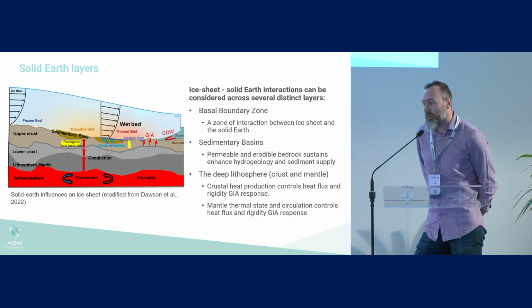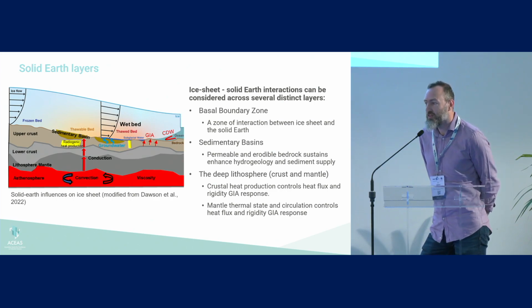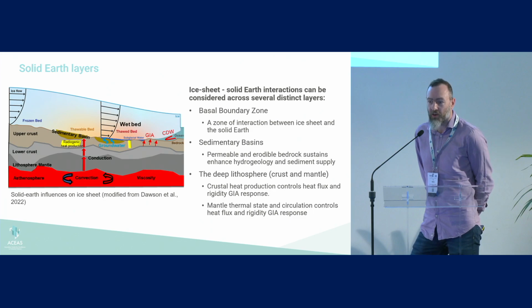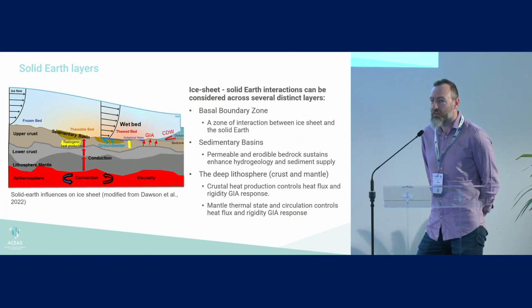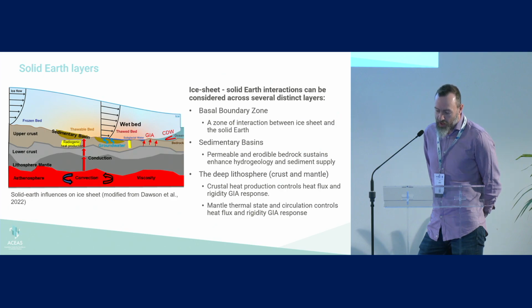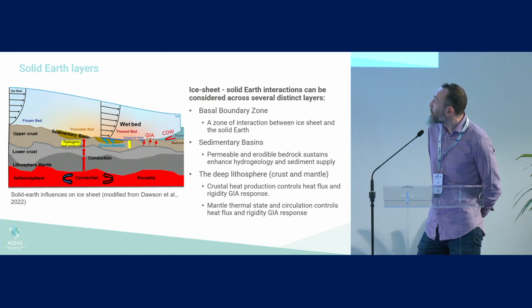One is the real basal boundary zone, that interface between the ice and the solid Earth, where there's a lot of dynamic activity happening. The second one is sedimentary basins that lie underneath that in some areas and do not lie underneath that in others. And then the final one is the deeper lithosphere that's not really accessible by the ice sheet itself, but nonetheless has a very important role to play in how our ice sheet behaves and what happens.